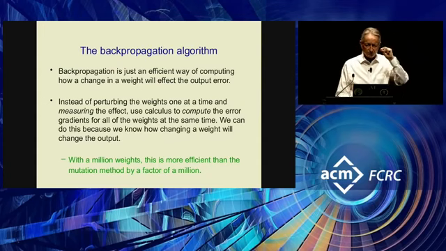You use that fact to compute what the effect of a weight change would be on the performance, and you do that for all of the weights in parallel. So if you have 1 million weights, you can compute for all of them in parallel what the effect of a small change in that weight would be on the performance, and then you can update them all in parallel. That has its own problems, but it'll go 1 million times faster than the previous algorithm.